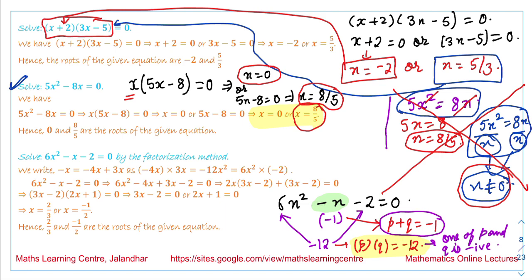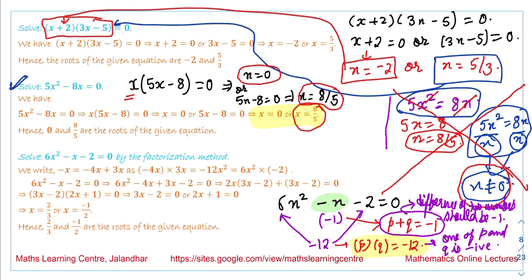One of these is negative. This tells us that the difference of the two numbers should be minus 1. I am now talking about the positive numbers. I want two positive numbers whose product should be 12 and whose difference should be minus 1.